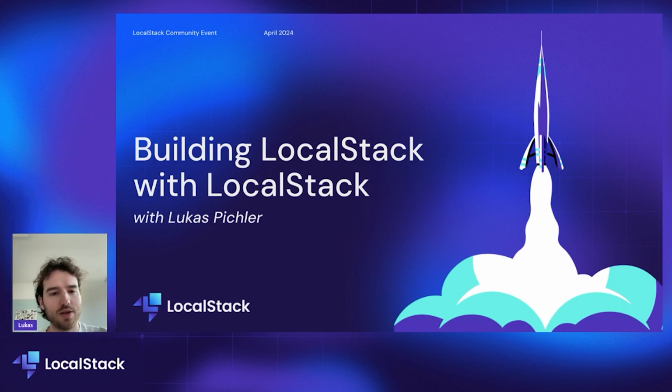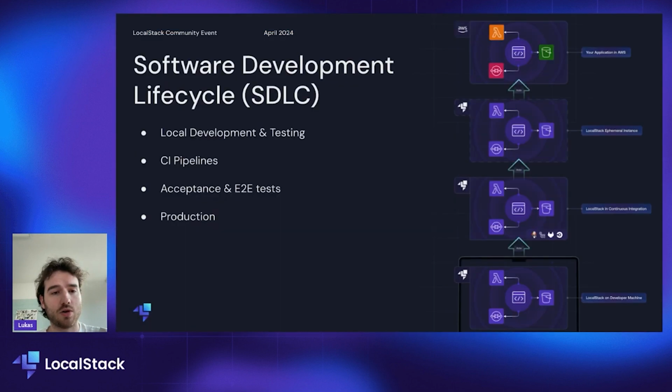I'll take over and talk a bit about how we are building LocalStack with LocalStack. So before we get started, I'll jump right in and talk about the software development lifecycle that LocalStack wants to support from start to finish.